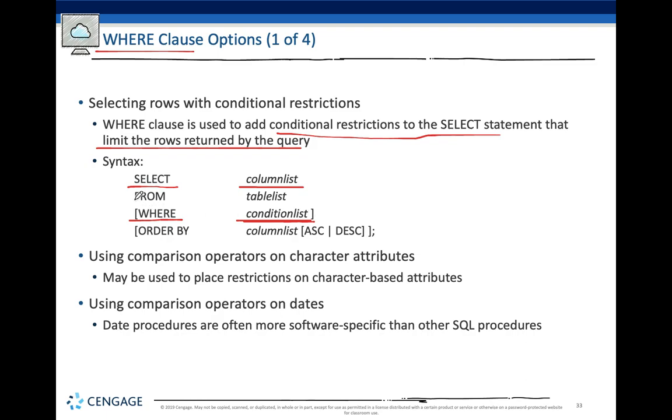Okay, so here we have select from where condition list, order by certain columns. Okay. Now you can include all types of conditions in the where clause. For example, you can have numeric conditions, character-based conditions, even date conditions. So where certain date greater than certain other date, and so on, right? Let's take a look at a few examples.